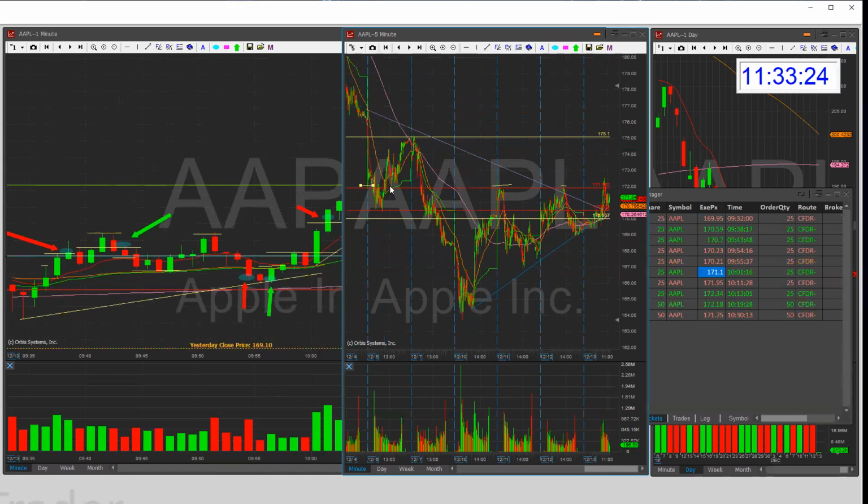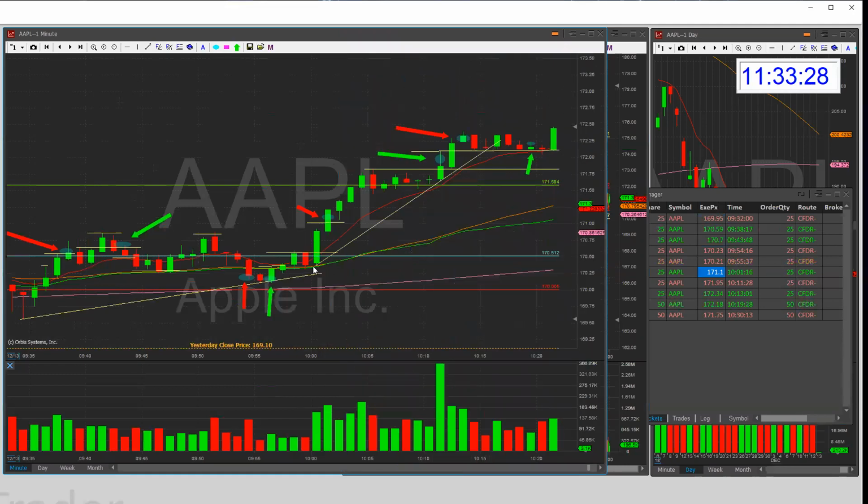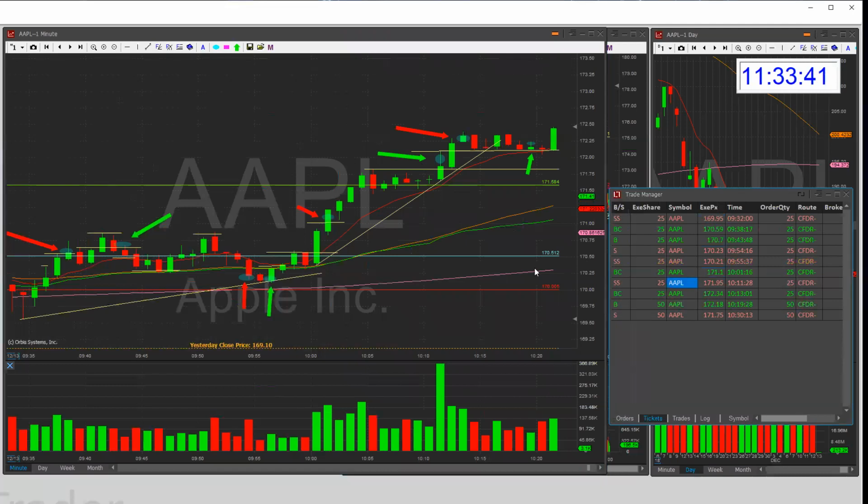And basically all along here. Okay, so 172 was marked off, and I was looking at this parabolic push as it came up into 172. I'm thinking, okay, maybe once the stock hits 172, people will start selling it and take profits. Whoever bought it here, that's what I'm looking for them to do.